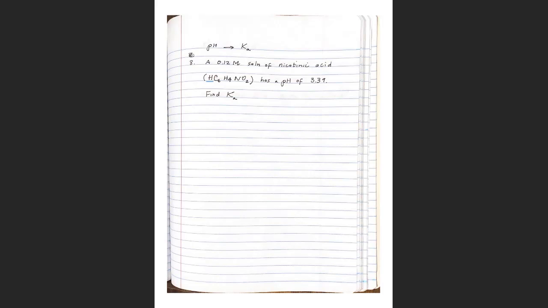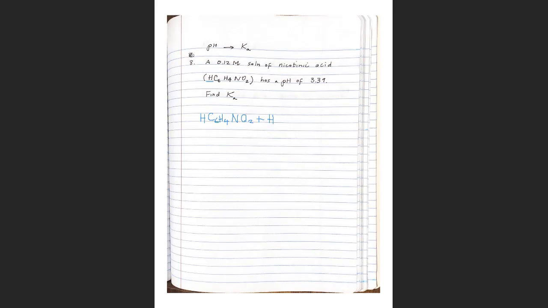I always say Ka and Kb reactions are reactions with water. So I'm going to take this whole HC6H4NO2 and I'm going to react it with water.